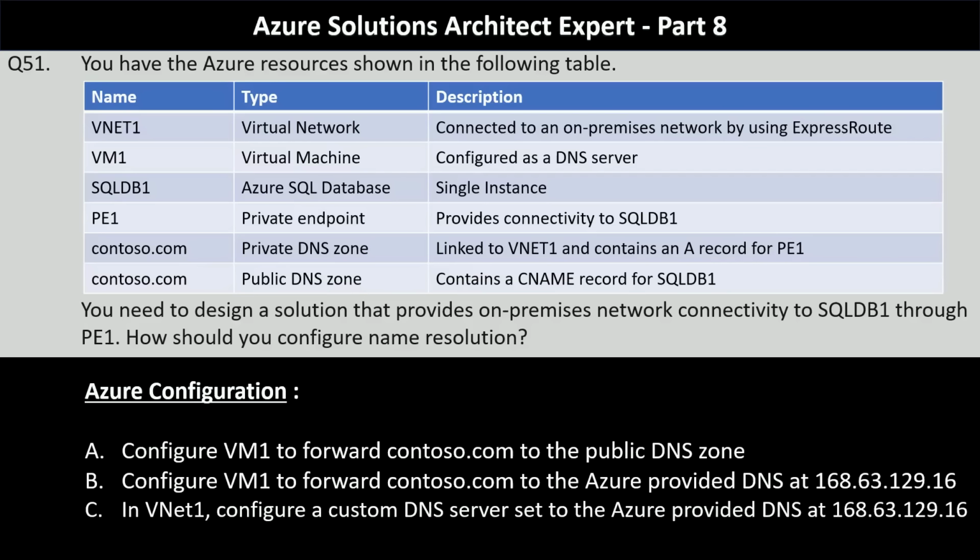You need to design a solution that provides on-premise network connectivity to SQL DB1 through private endpoint 1. How should you configure name resolution? And the first part of the question talks about Azure configuration.